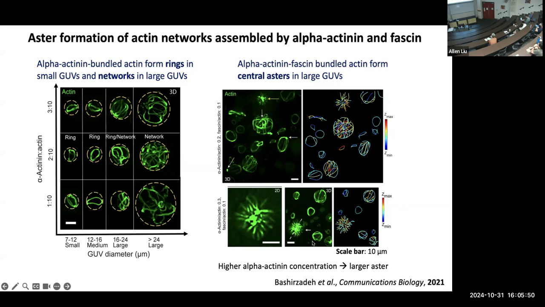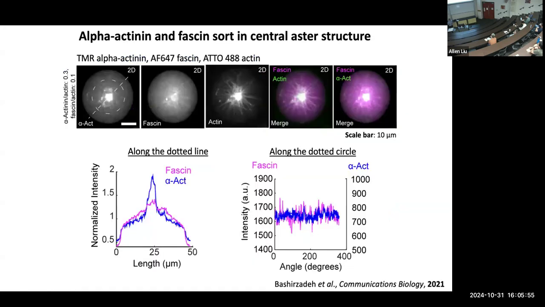Now, this reminds you of the differential binding of cross-linkers on actin. When we do this with multiple labeled proteins, you can see that alpha-actinin, the long cross-linker, is preferentially localized in the center. We can do a line scan across, and you can see the alpha-actinin is enriched, and fascin is not really there.